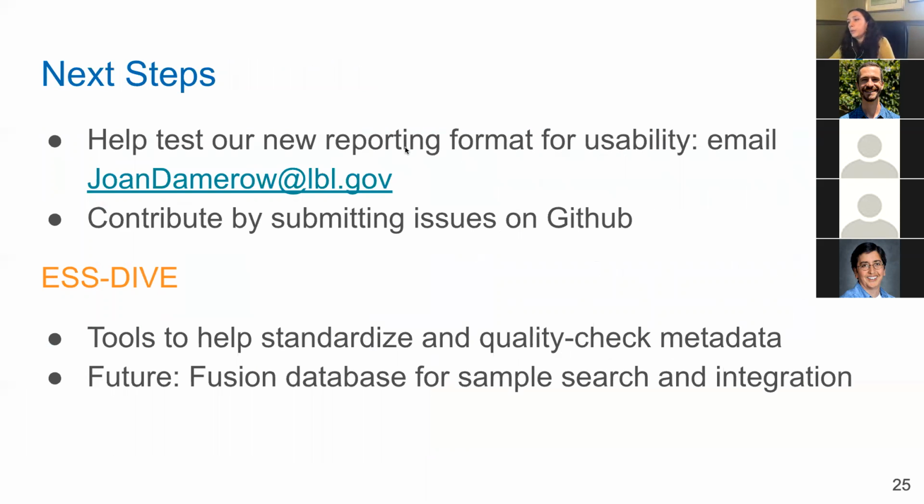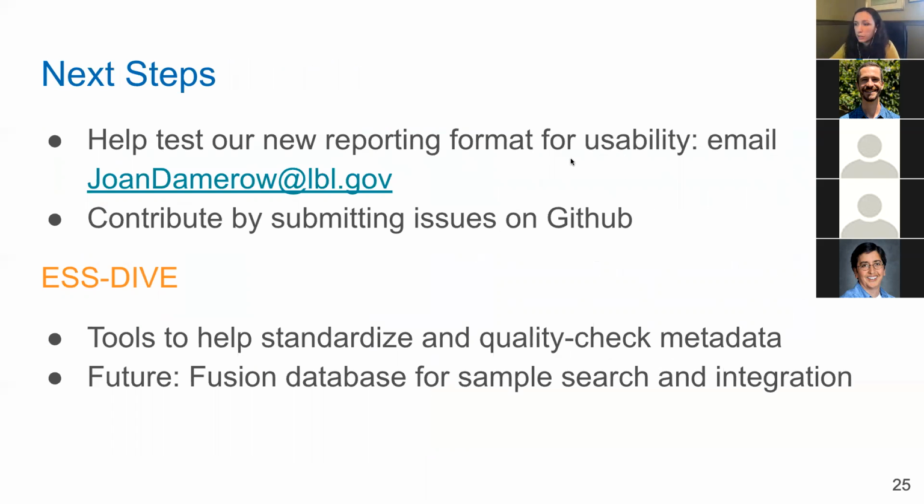So, next steps, we're hoping that some of you might be able to help test out our new reporting format. We were previously using the guidance provided by Cesar, and we have this updated guidance and reporting format in GitHub, so we would like to start testing that out. If any of you are willing to do that and provide feedback, that would be great, and you can email me.